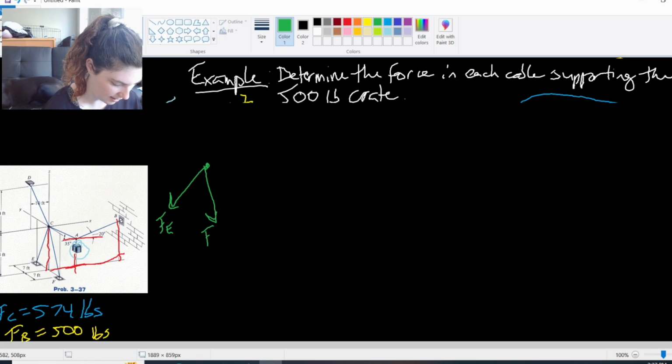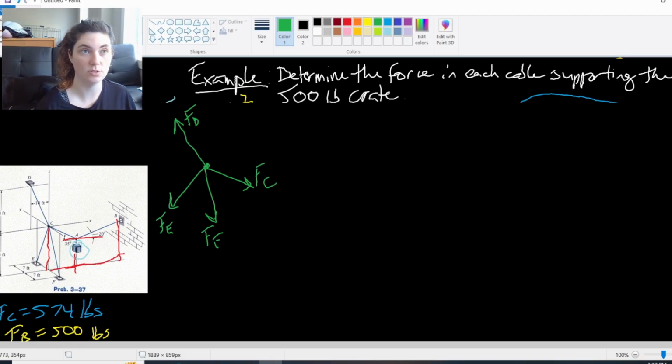This one is FF. I have FD coming off this way. And then I have that FC that we had just found, right?